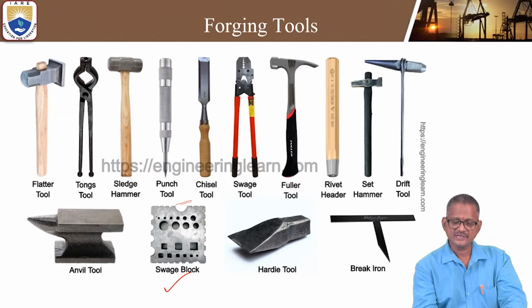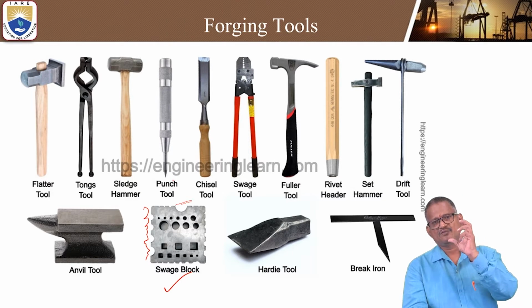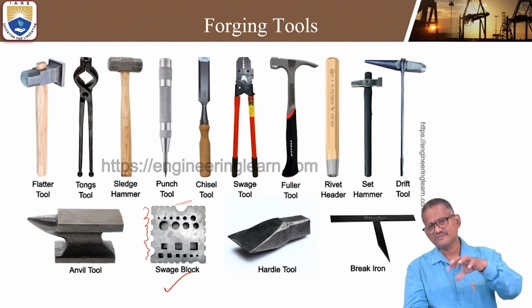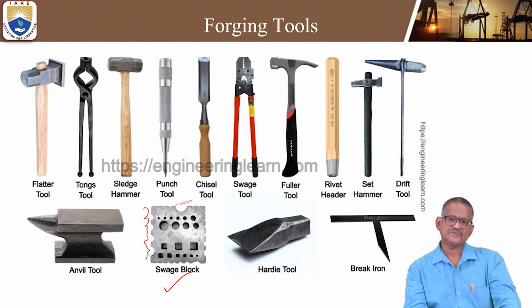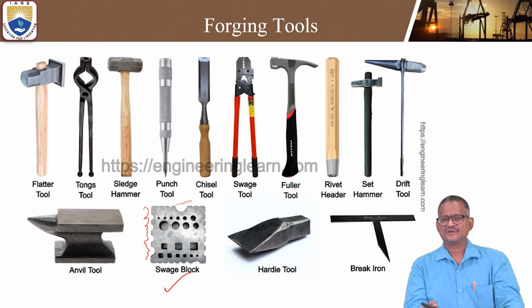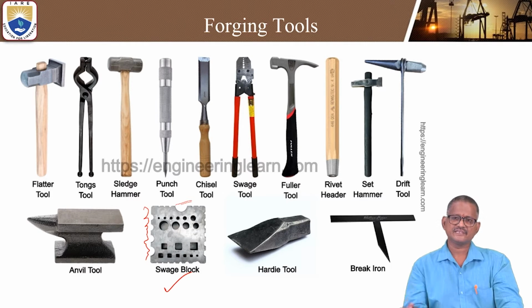Okay, so here on the left side you can see semicircular shapes, and some small ones like that. The swage block is one important forging tool where you can perform different types of operations, either circular, rectangular or semicircular, where you keep the workpiece and apply the pressure with the sledgehammer.